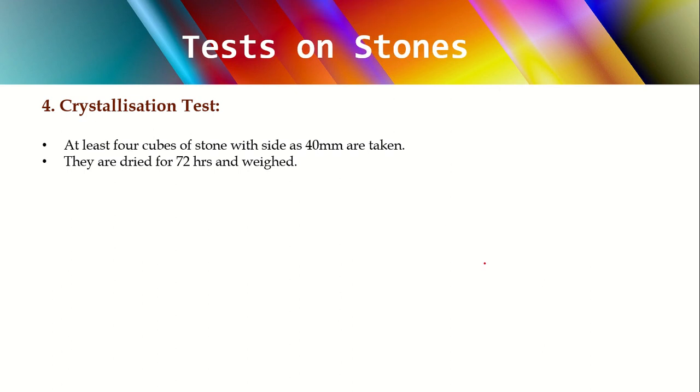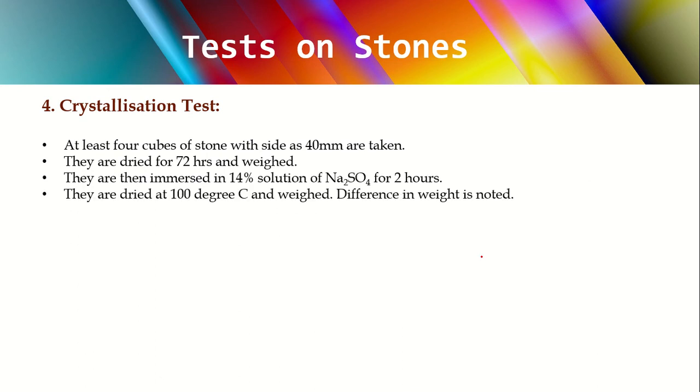Same as before, you saturate the samples in water for 72 hours, that is 3 days, and then you take them out and dry the samples. Next, in this crystallization test, immerse these 4 cubes of stone sample, which were previously submerged in water for 3 days and then dried, in sodium sulfate solution for 2 hours.